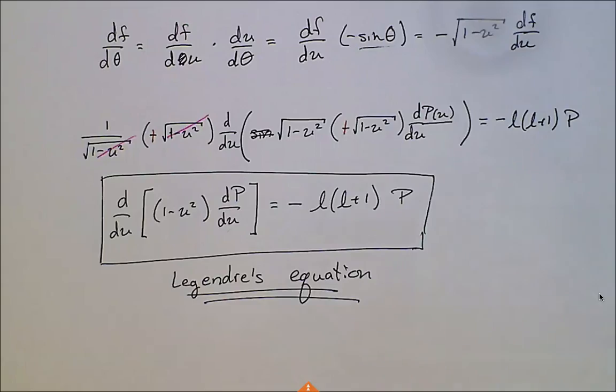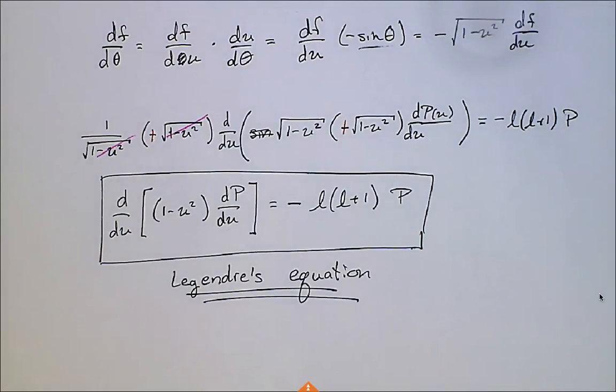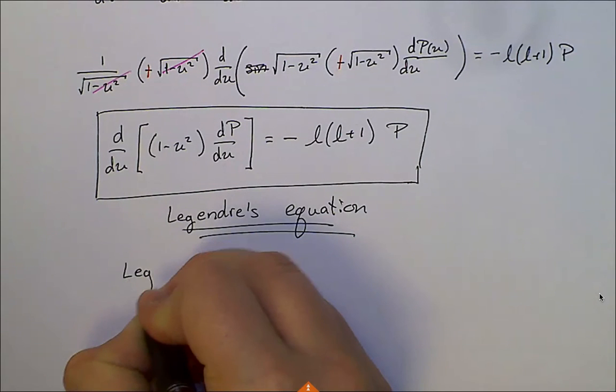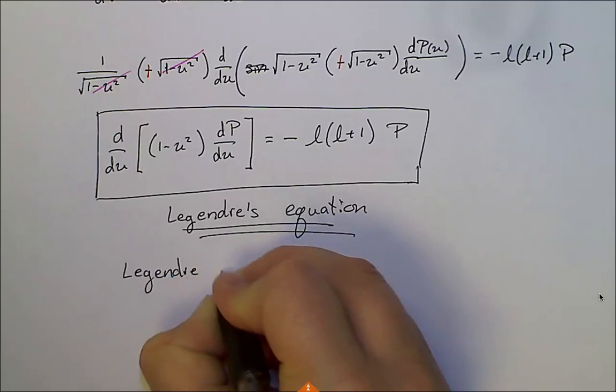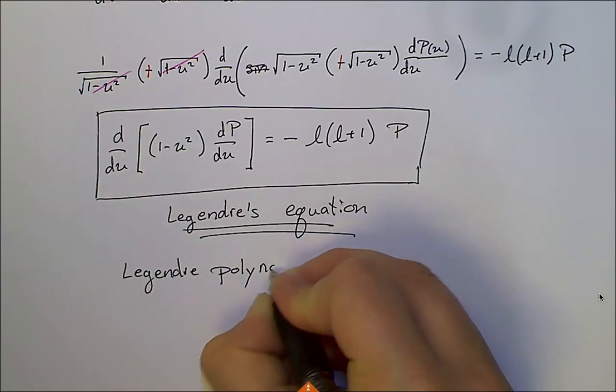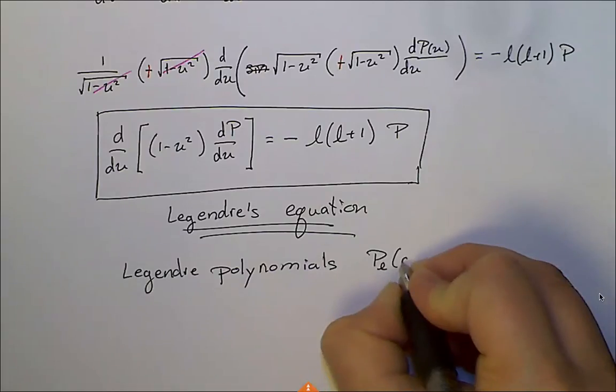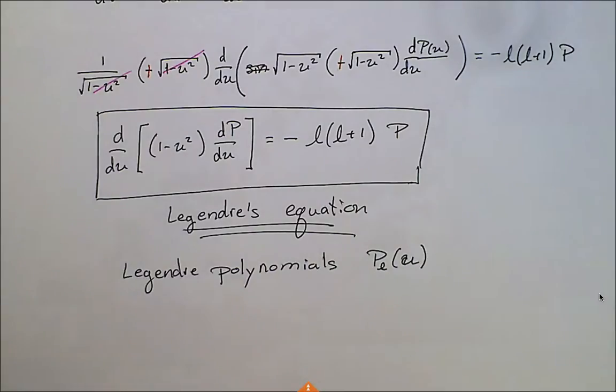And there are solutions to the Legendre equation, and these are known as the Legendre polynomials, P sub L, which is a function of u.